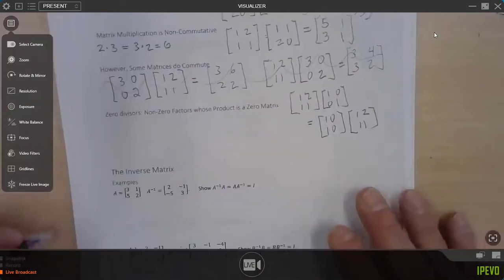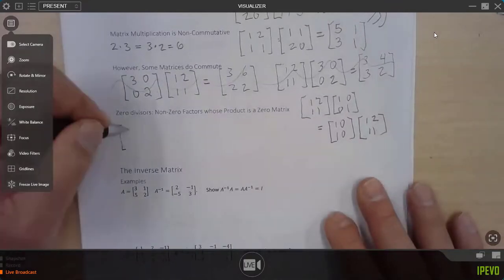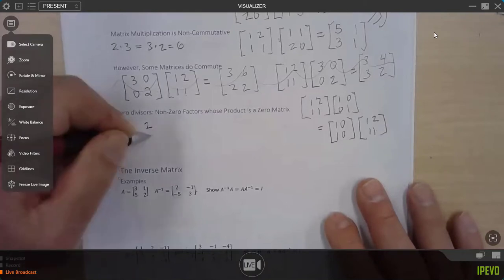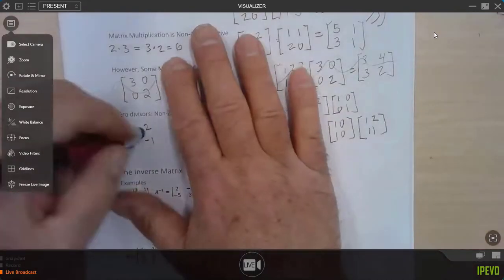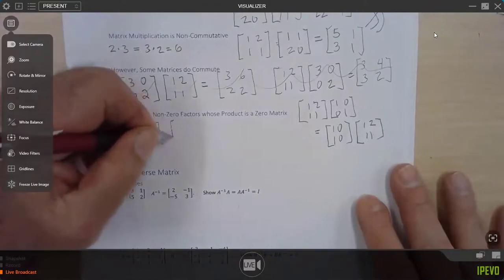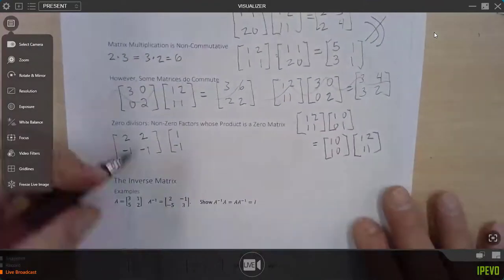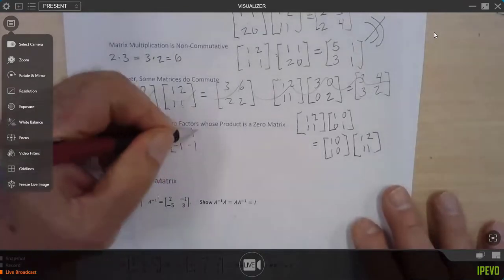Also, there are examples of what we call zero divisors. And let me give you an example if I can quickly. Actually, that will work. Oh, those are the same. Well, okay, I made it easy.